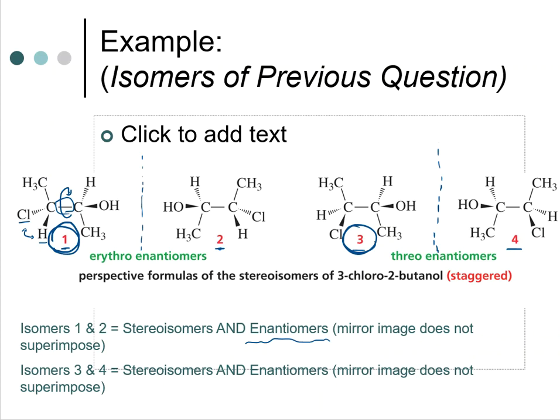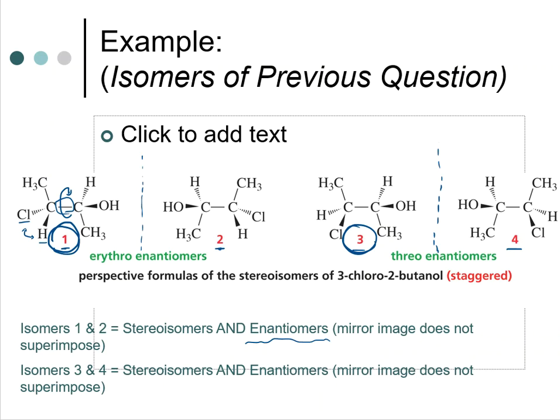And we do. If I look over on the right-hand side, H is pointed back, H is pointed back. The OH is pointed toward me, the OH is pointed toward me. And then here the CH3 is on the flat bond and the CH3 is on the flat bond. Folks, this is all that they did. To go from number 1 to number 3, the only thing that happened was they switched the location of the hydrogen and the chlorine. And that was all.